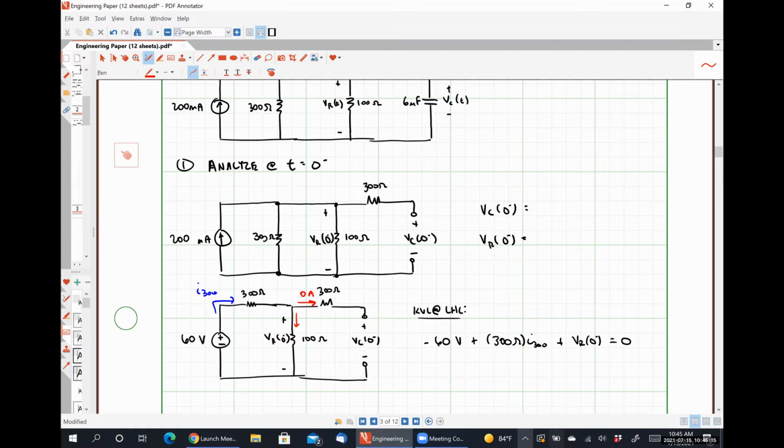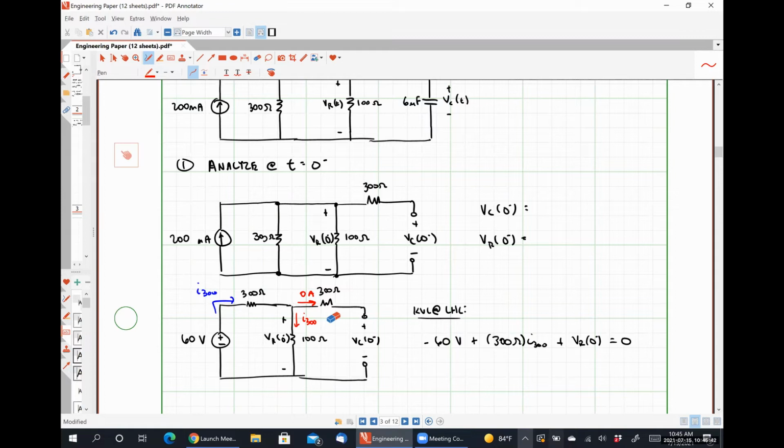Which means this current right here is also I300 using Kirchhoff's current law, right? I'm effectively proving that no current can split off, and so all of the current that's leaving that source flows through that left 300 ohm resistor, and then it turns down and flows through that 100 ohm resistor.